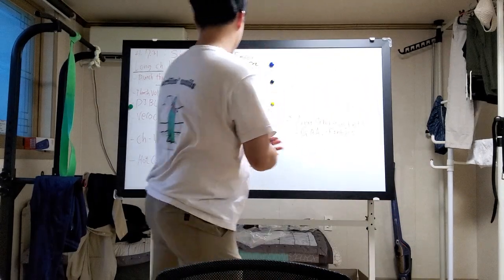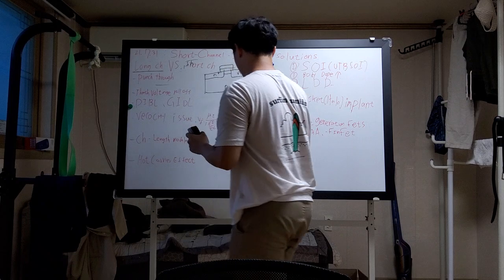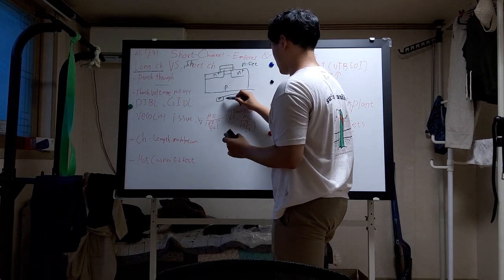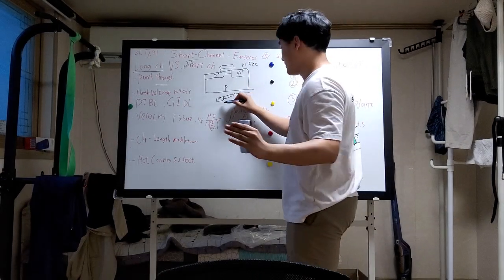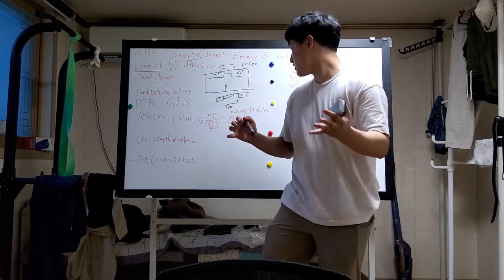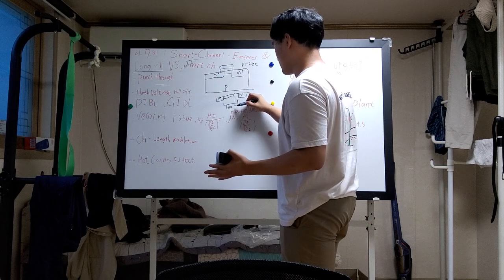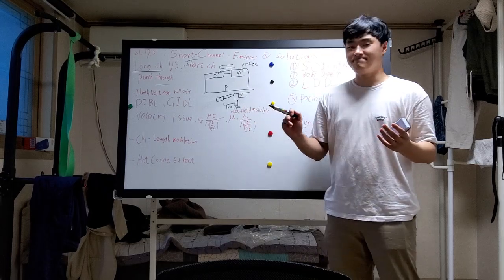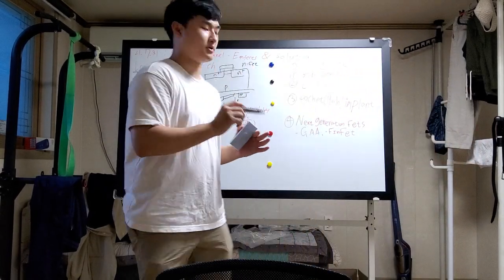But with the short channel, let's guess the total channel length was 10 nanometers, and the invasion of the depletion was 3 nanometers, so the effective channel length was 7 nanometers.